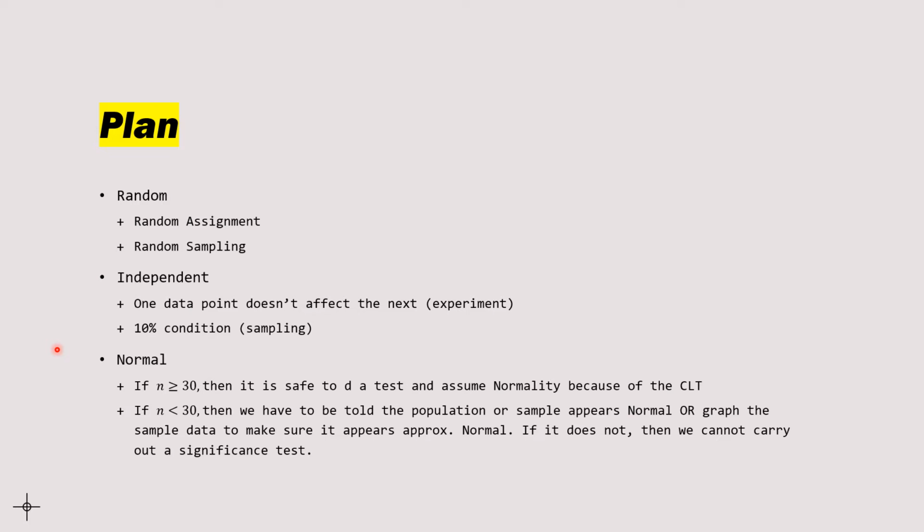If any of those criteria are not met, remember you write proceed with caution, but you continue on. You mention, hey, it's less than 30 and there seems to be some outliers, proceed with caution, so it might not be normal. Or the 10% condition wasn't met, proceed with caution. But you still continue on. You don't just stop there.